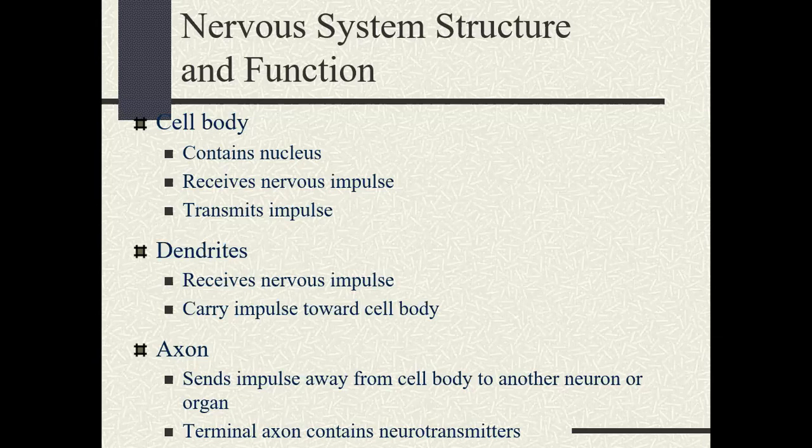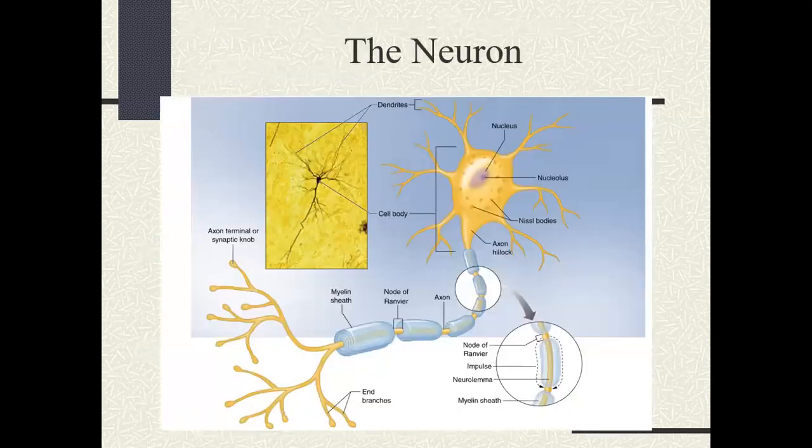We also have our dendrites, which will be receiving our nervous impulse and carries impulse away or towards the cell body. And finally, our axon is what's going to send impulses away from the cell body to other neurons or other organs. We're also going to find our axon terminals, which contain our neurotransmitters, which are going to be required for transmitting those signals.